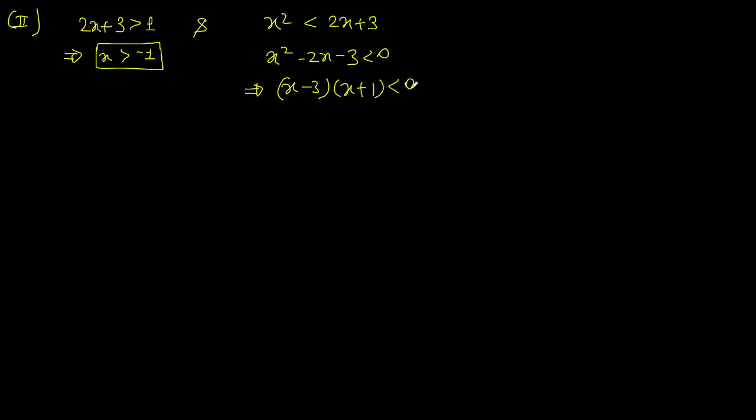Okay. So this is 3, this is minus 1, plus minus plus. So x is between minus 1 to 3 and x is bigger than minus 1. The common part is this one. x belongs to minus 1 to 3.